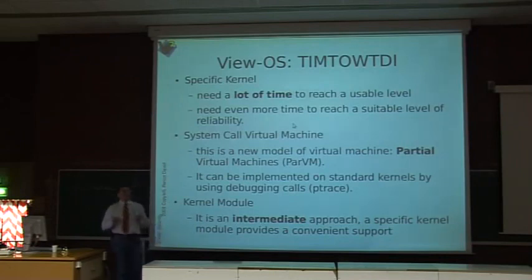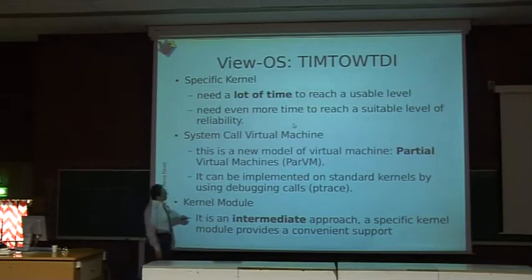And the virtualization is partial. So you can have part of the file system which is real that interacts with part of the file system which is virtual, or a kernel module.